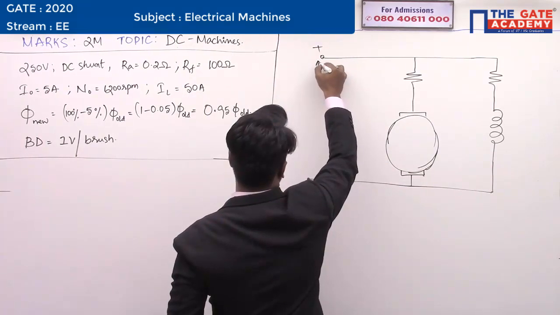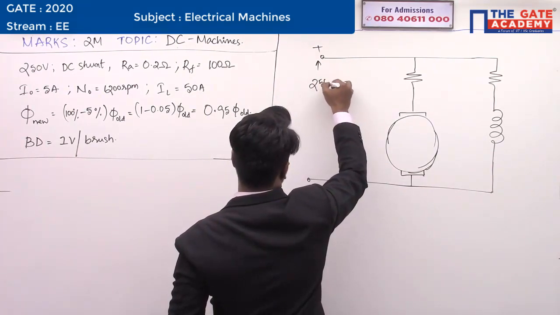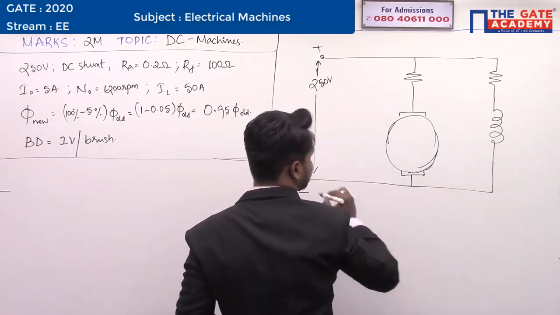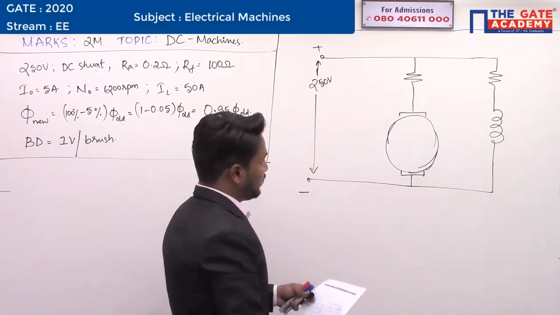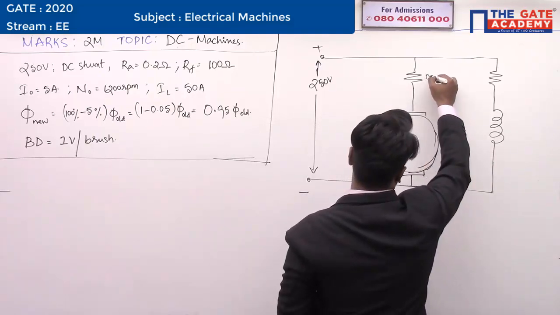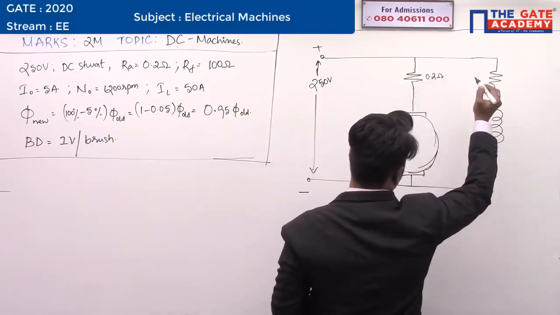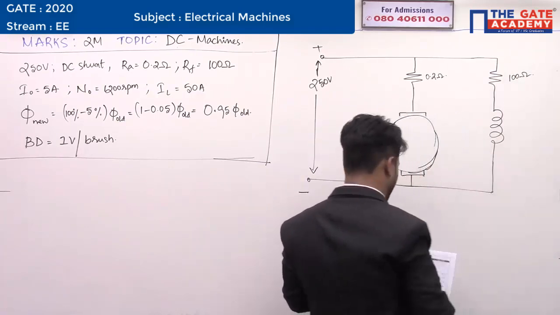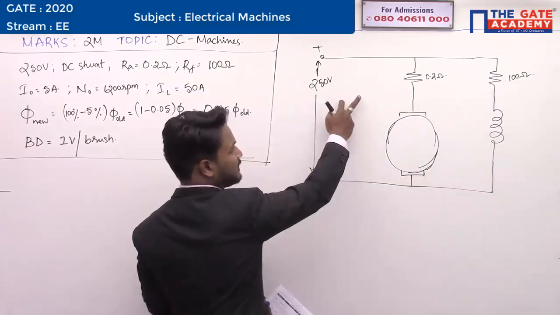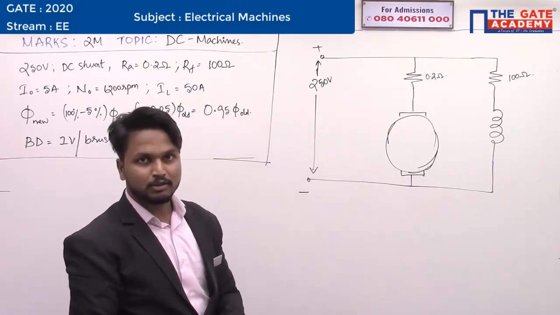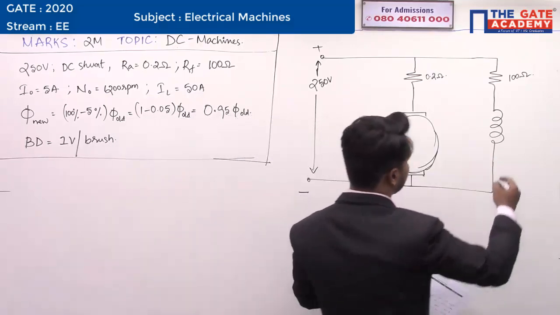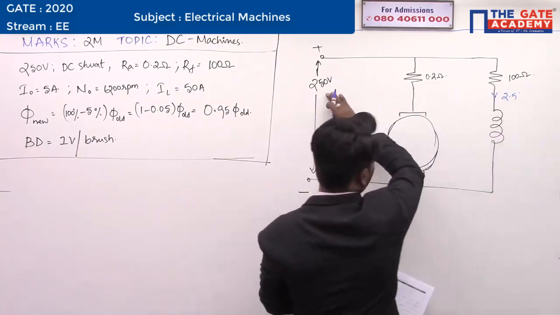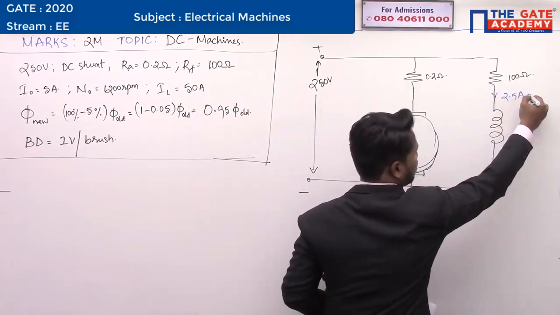So 250 volts DC is the rated voltage. The armature resistance is 0.2 ohms and this resistance is 100 ohms. So when 250 volts is applied, the current through this shunt branch is always 250 divided by 100, 2.5 amperes.